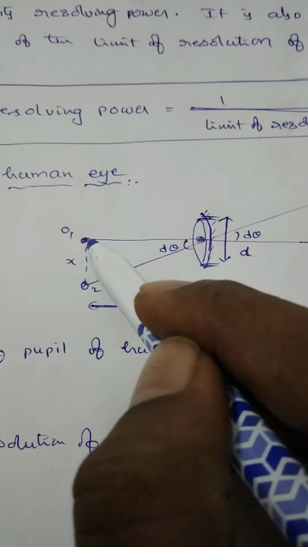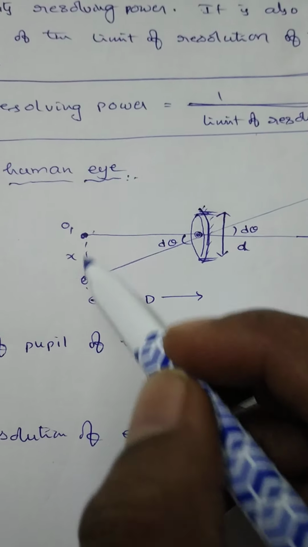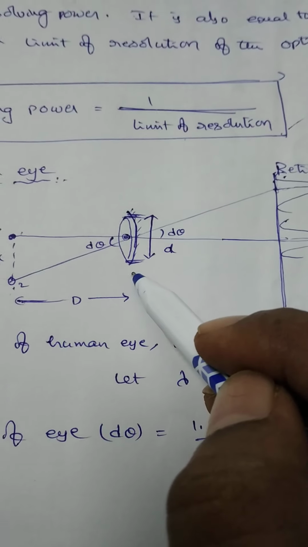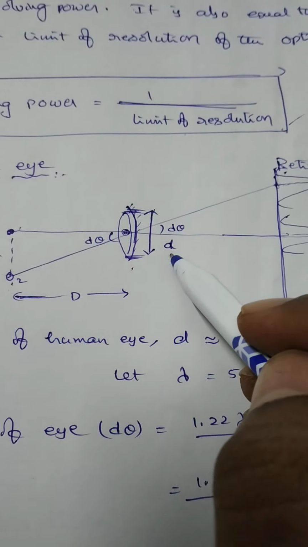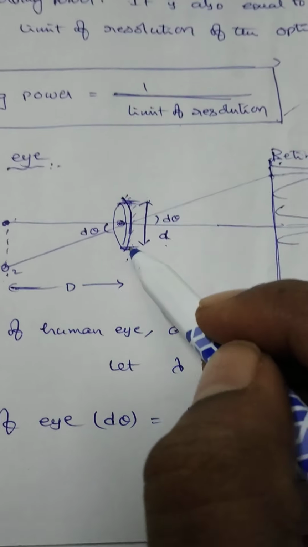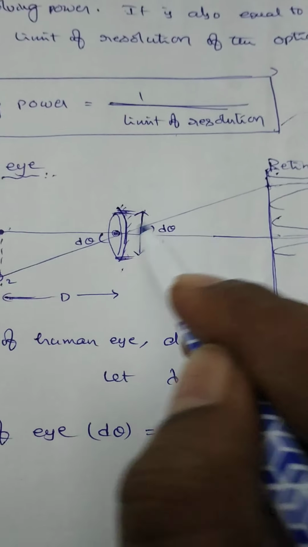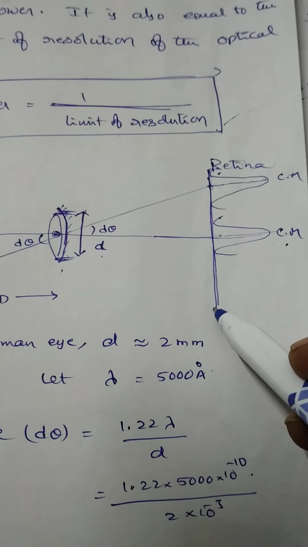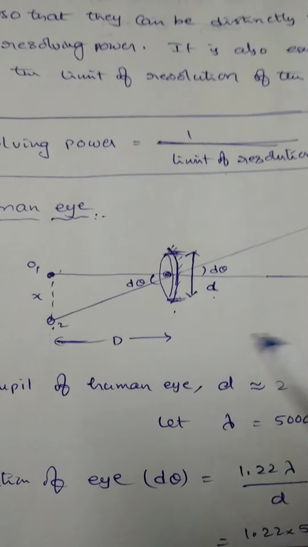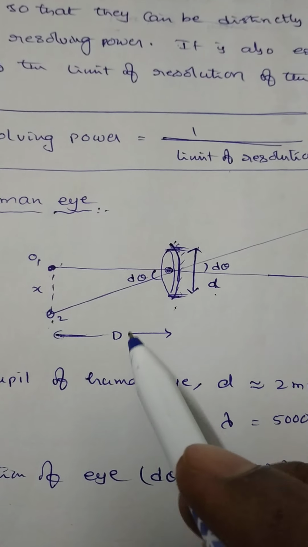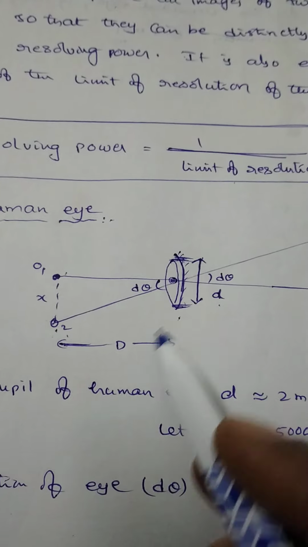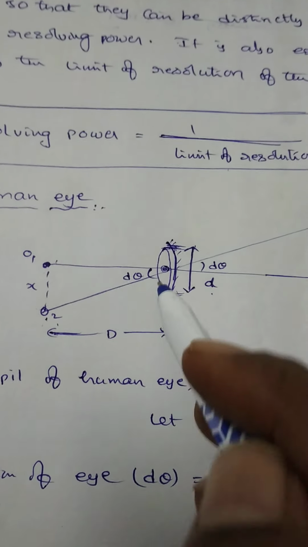Simple. O1 and O2 are two point objects separated by a distance x. This is the human eye, whose diameter is d. The human eye is taken as the slit. Beyond the eye, there is a retina which acts as a screen. The distance of O1 and O2 from the slit is capital D. The angle is d theta.